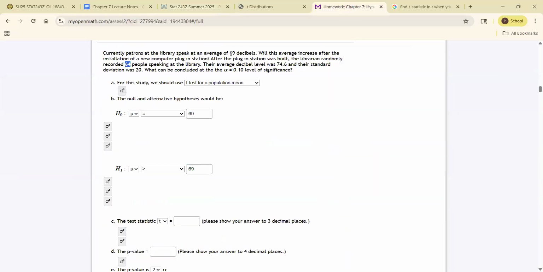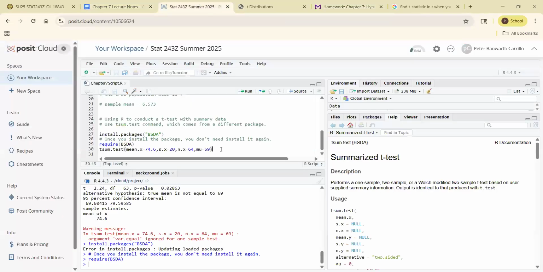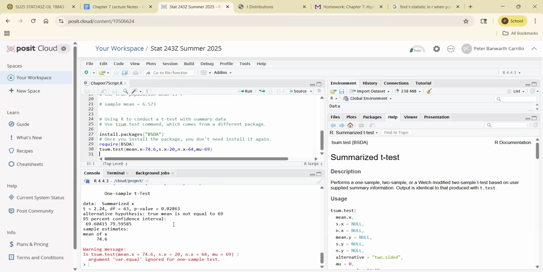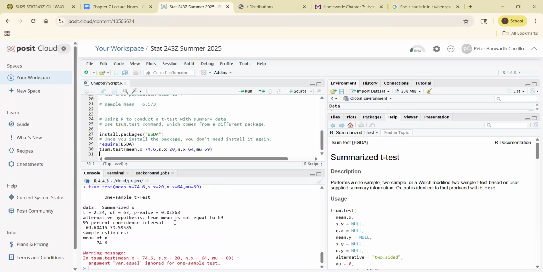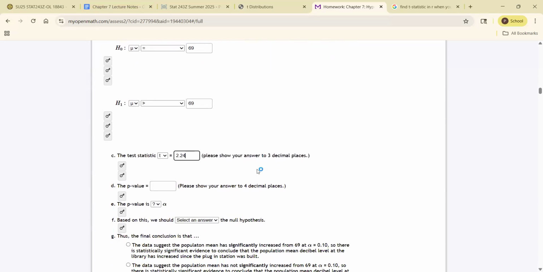And we're testing it against the null hypothesis that it should equal 69. So mu equals 69. Run that code, and it produces the same results. It gives you the data, which now is the summarized values. It gives you a t-statistic of 2.24. So we can copy this 2.24 and put it in for our t-statistic.